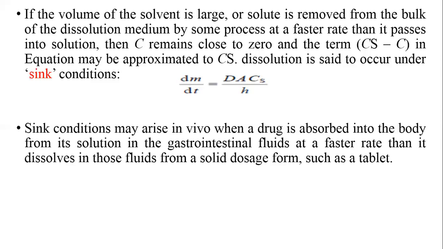That means the concentration of the drug in the body fluid or gastrointestinal fluid will remain very small, that may be neglected because the absorption process is faster than the dissolution of the drug from the dosage form, such as in the case of a tablet. In this case, the C value will be neglected and sink condition will occur.